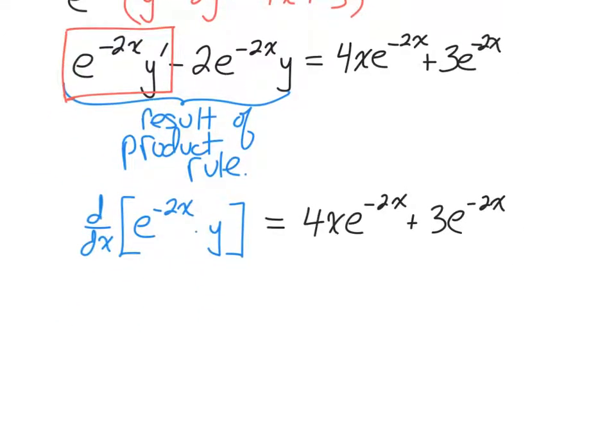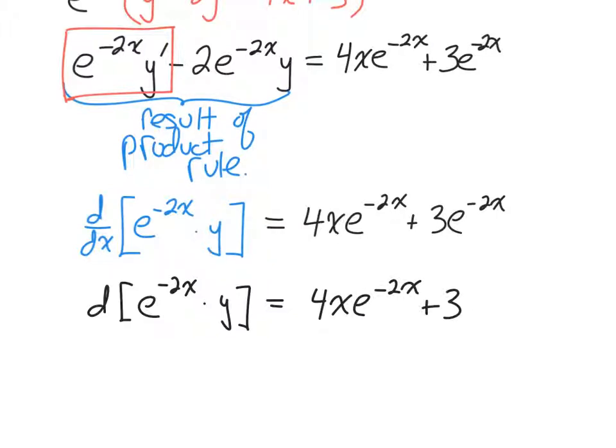All right, so we clean it up. We have the derivative of e to the -2x y equals 4x e to the -2x plus 3e to the -2x dx. Integrate both sides. Inverse operations on the left.